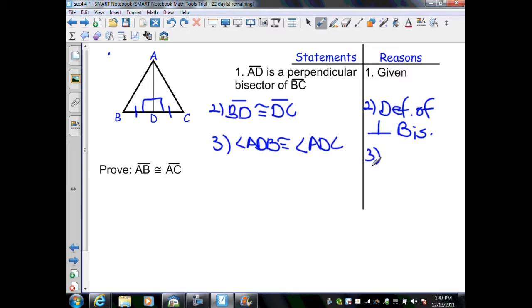And that's true because perpendicular lines form congruent adjacent angles. Or we could also use definition of perpendicular bisector. On step 4, I can state that AD is congruent to AD. Of course, that is because of the reflexive property.